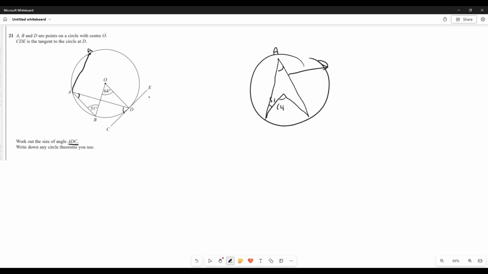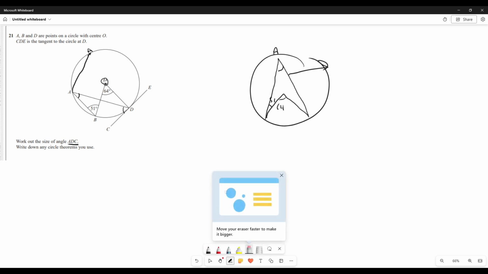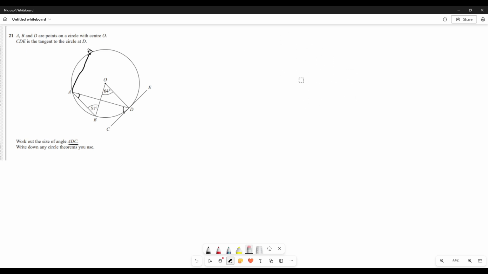Some people think this is the circle theorem angles in the same segment, but that's not right, because for that to work, all the corners have to be on the circumference. This corner, O, is not on the circumference. So we can write out the circle theorem and also find what BAD would be.